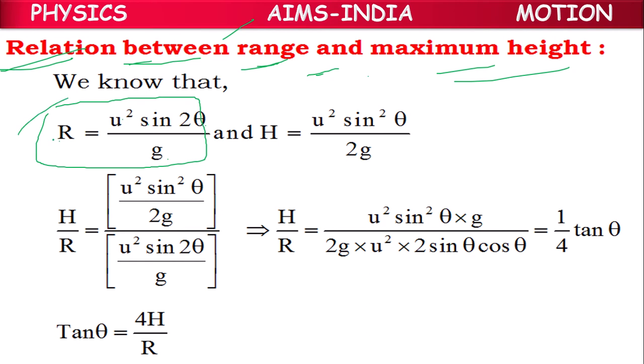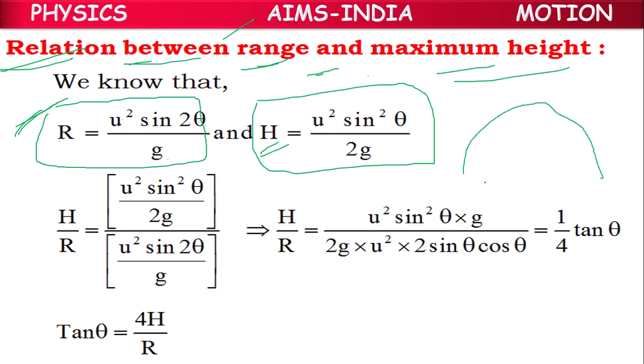You have to memorize the formulas, children, so that whenever such situations come, you can apply them. And this is the formula for maximum height reached by the body in the case of an oblique projectile. This horizontal distance is R, this maximum height is H. Now we are going to find the relation between H and R.